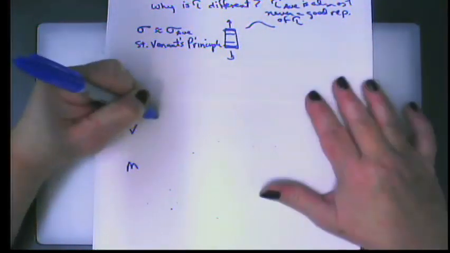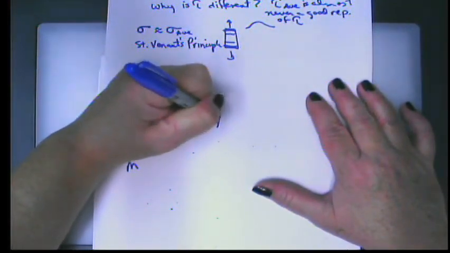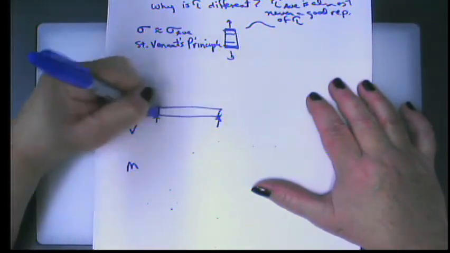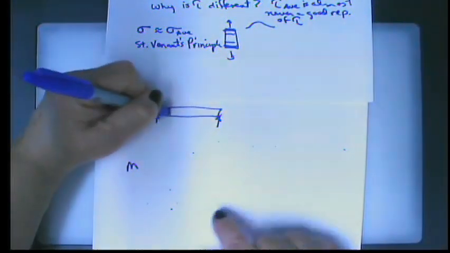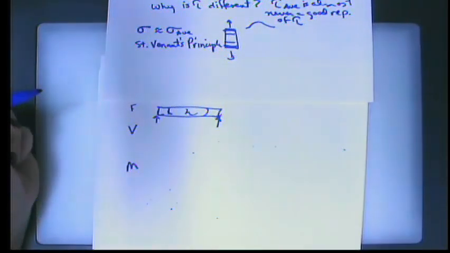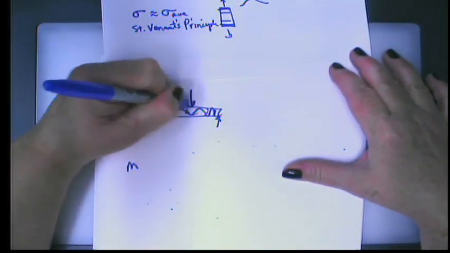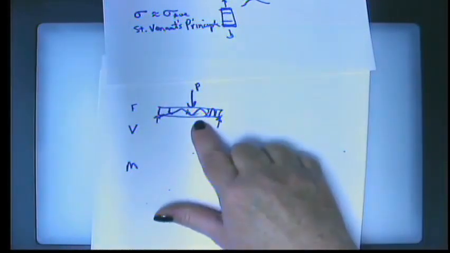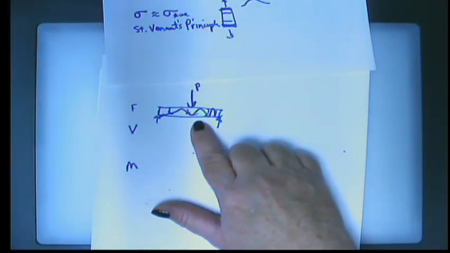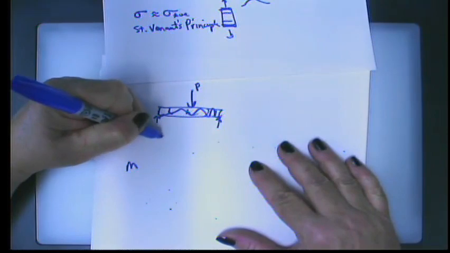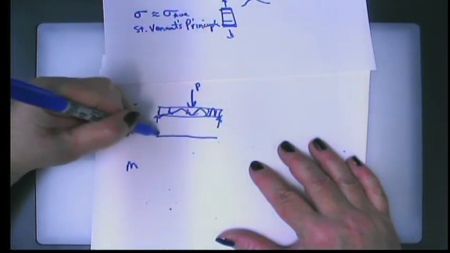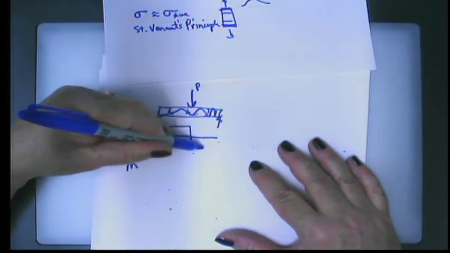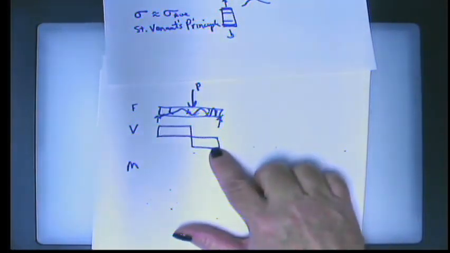So one of the things that we saw when we looked at V and M diagrams, if we have a free body diagram that looks like this, we have a simply supported beam, and let's just do it more simply, some sort of point load applied to that. Well, what we found is that V tends to look something like this, okay?